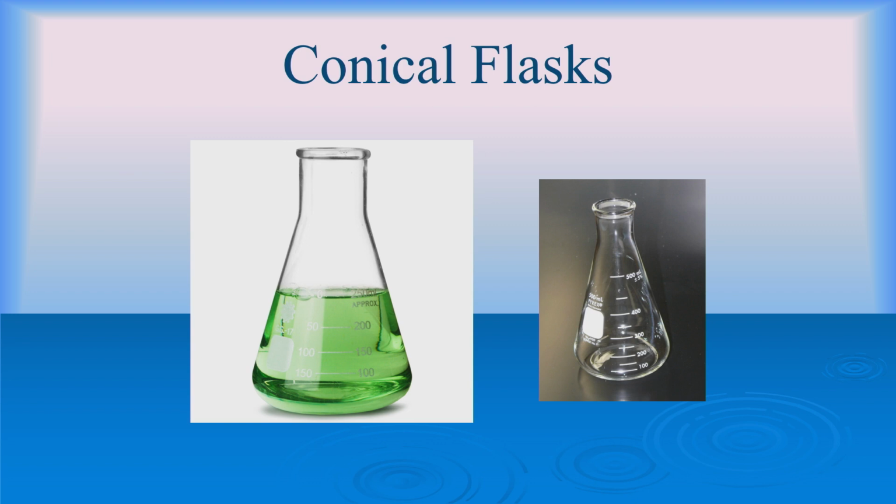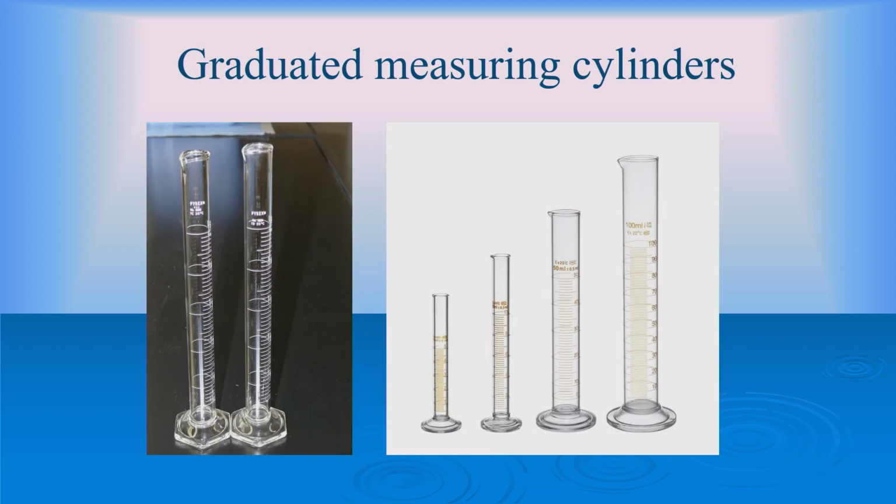Its shape, as you see, is good for swirling to mix solutions. The most common apparatus for measuring volume is the graduated measuring cylinder. It can measure any volume within the capacity of the cylinder.